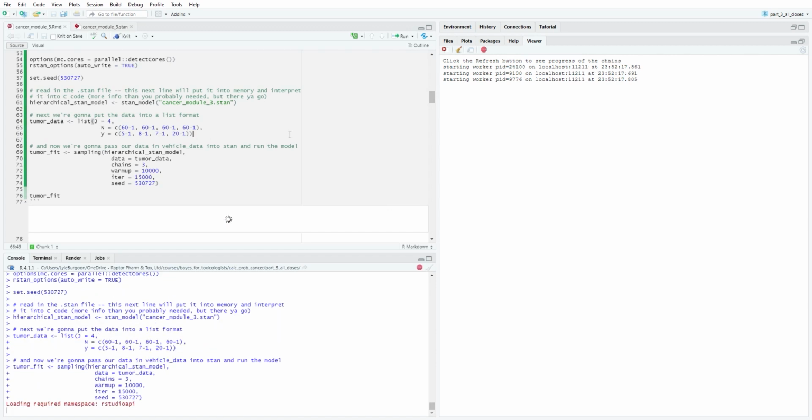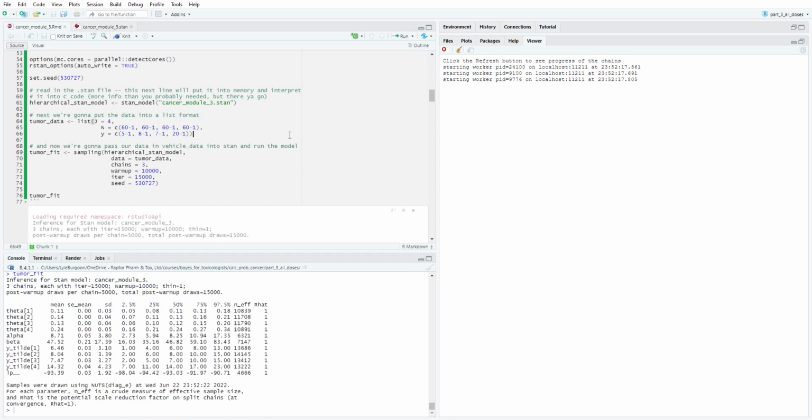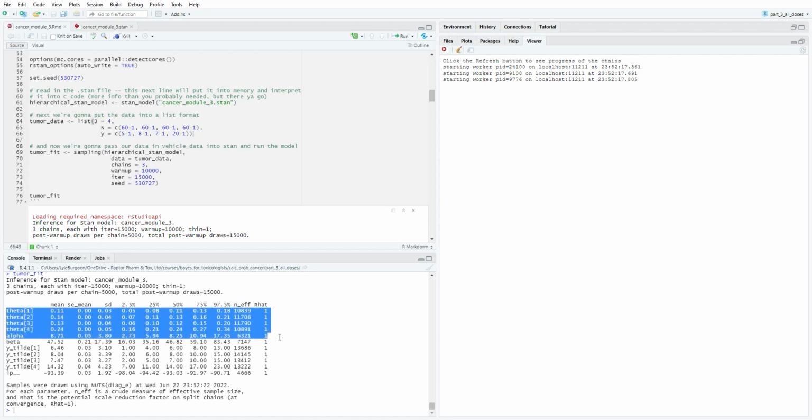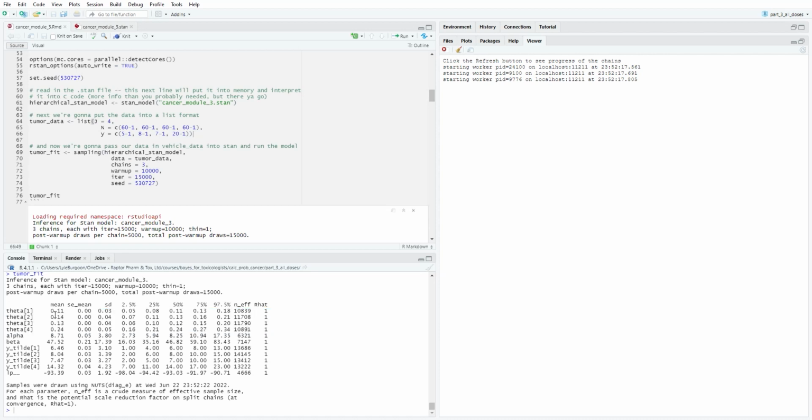So it's going to run. And there we go. So again, to interpret this, we've got theta. If you remember from just a few seconds ago, theta is our probability of a tumor being found in a particular animal.